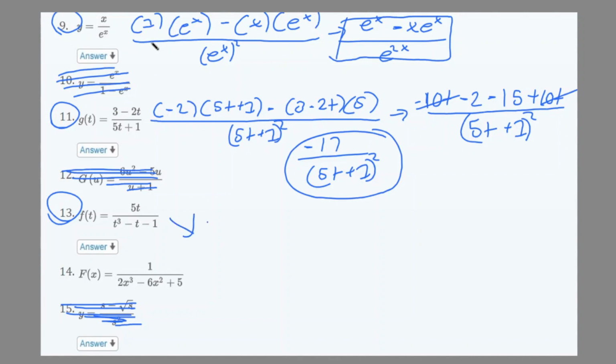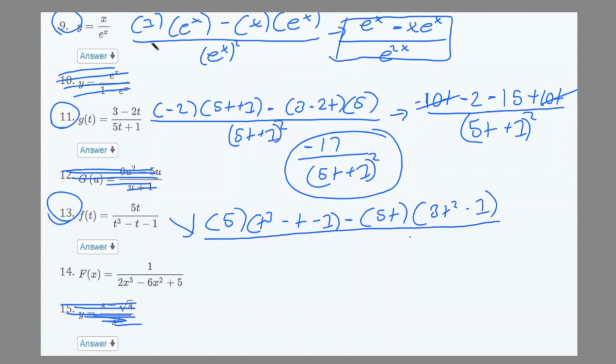So let's now go to number 13. For number 13, f prime is 5, and then g is t cubed minus t minus 1, and then minus 5t times g prime, which is 3t squared minus 1.